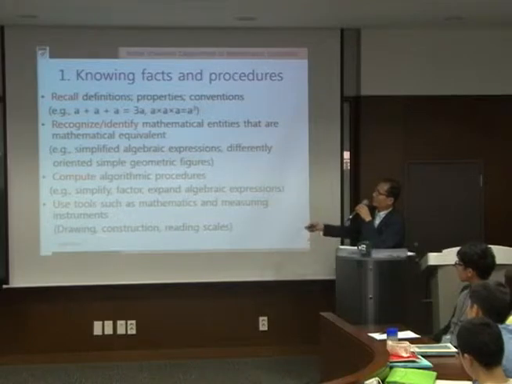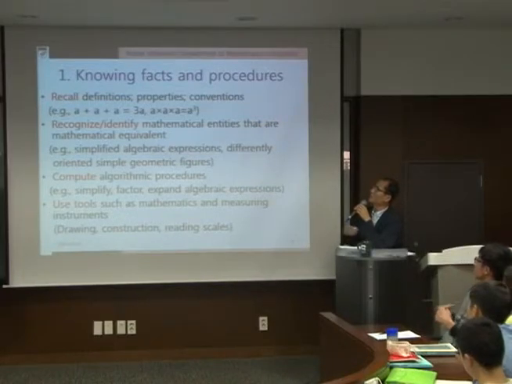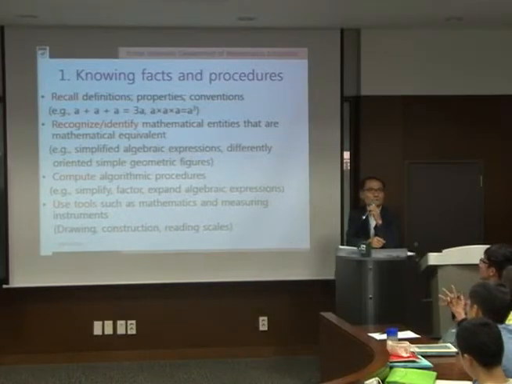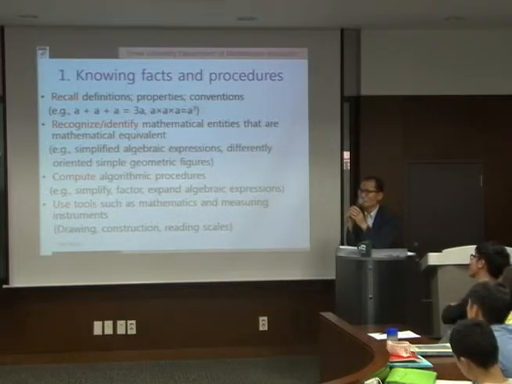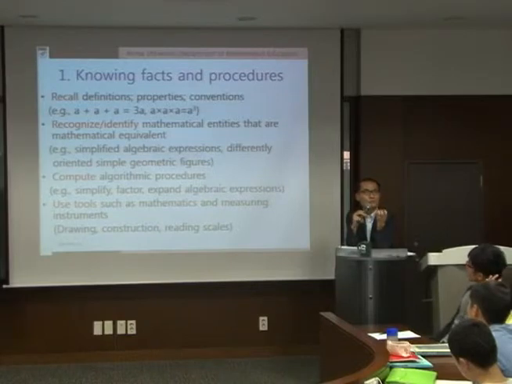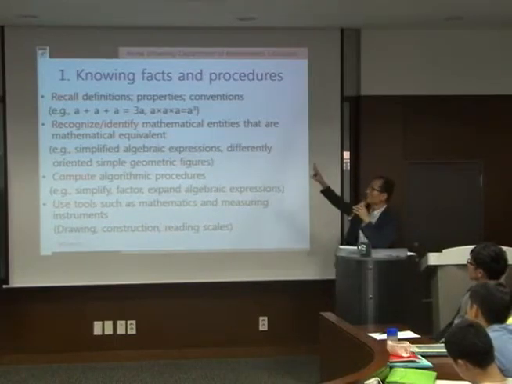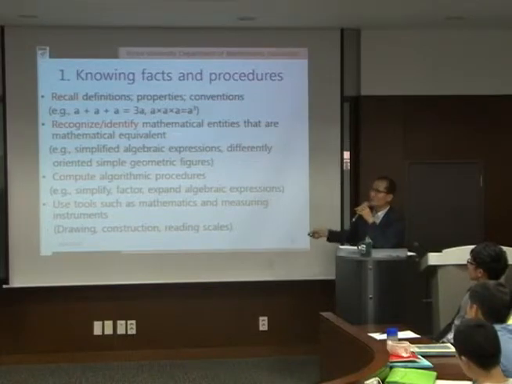Can you see what kind of components are in the category of knowing fact and procedure? Basically, some basic facts as well as some mathematical procedures you're supposed to understand from this category. Some of the problems related to this category you can expect, right, from this example.